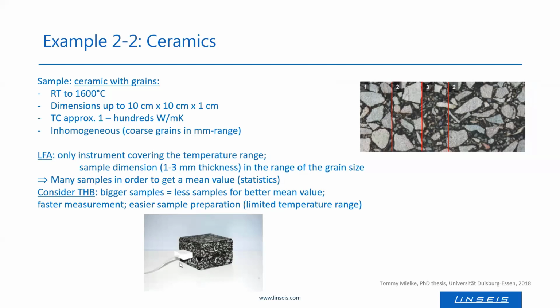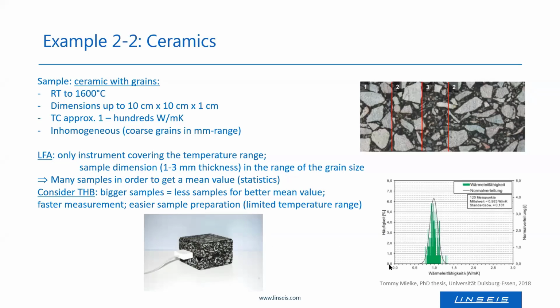This is a picture of such an analyzer. The sensor is inserted between two blocks, and you can put it on different places of these blocks. You can prepare a couple of blocks, and get a big number of thermal conductivity readings. Thermal conductivity is plotted against the incidence, so the number of measurements.